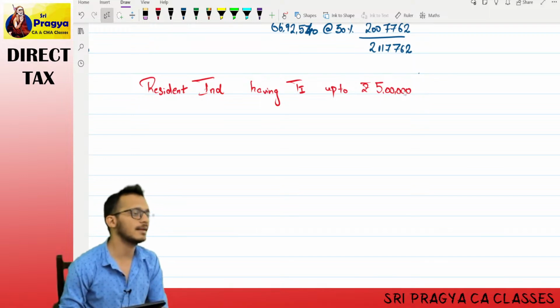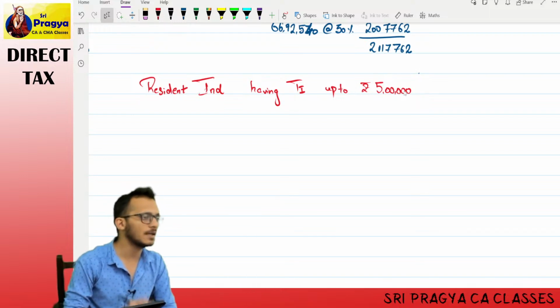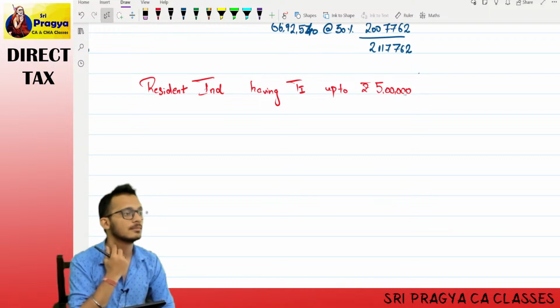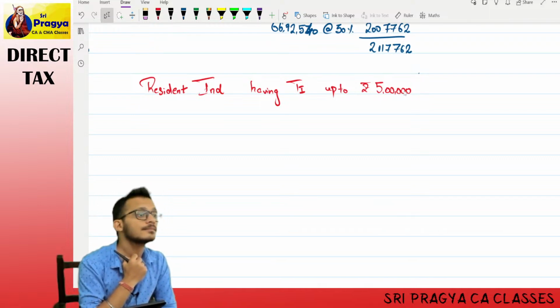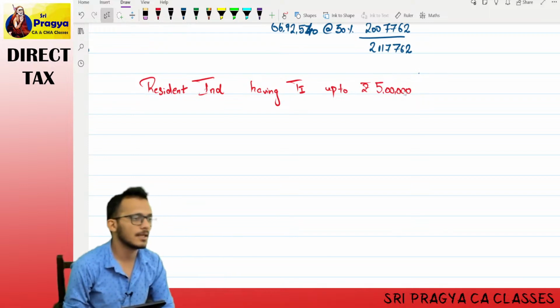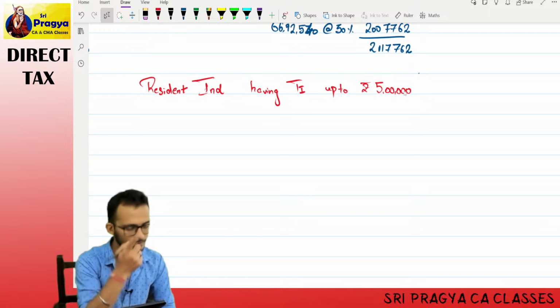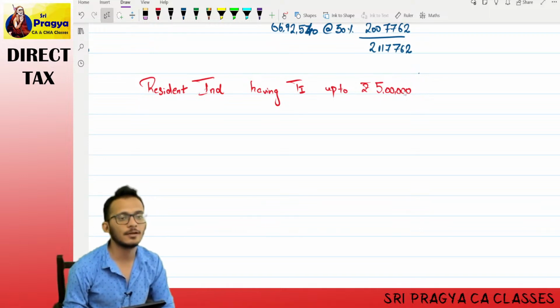Income tax says if you are a resident individual having a total income up to 5 lakhs, whatever is your tax payable, that will become a rebate for you. That will become your rebate, meaning tax will become 0.